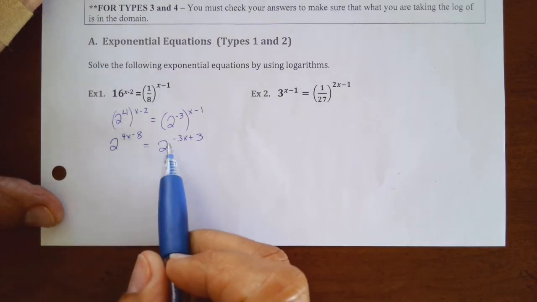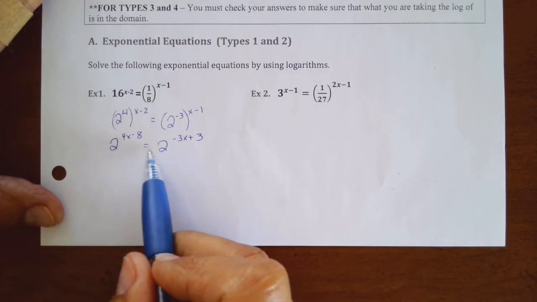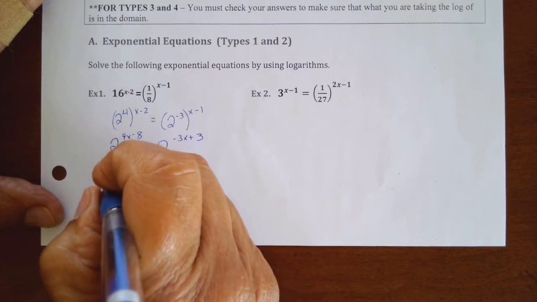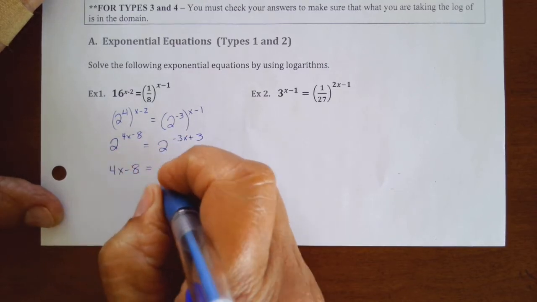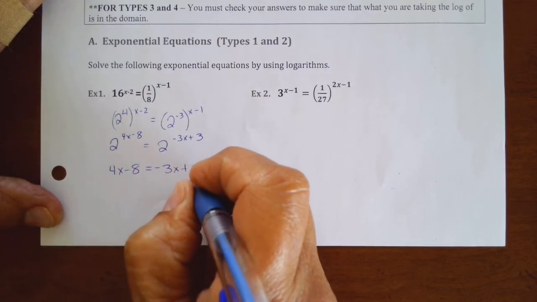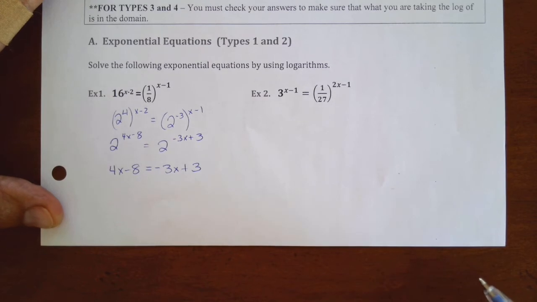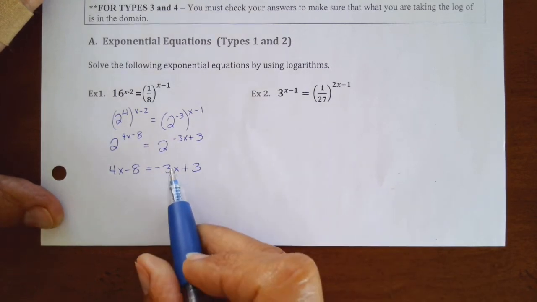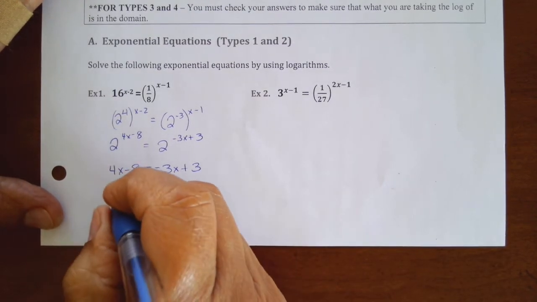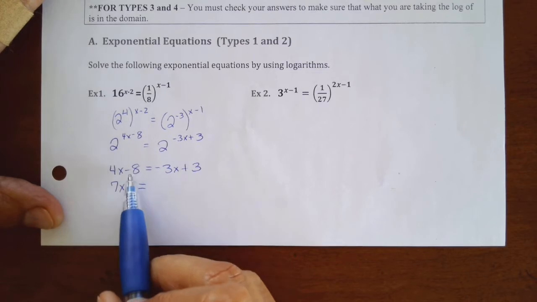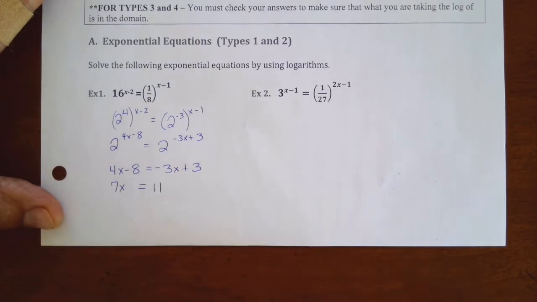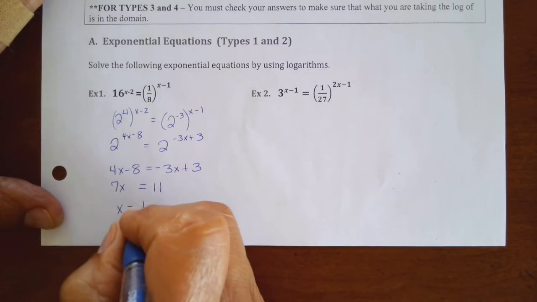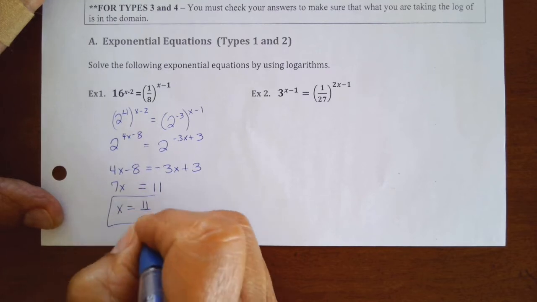Once you have everything simplified, now you can drop the bases and set the exponents equal to one another. So 4x minus 8 has to equal negative 3x plus 3. And we're just solving that. We add 3x to this side, which becomes 7x. I add the 8 to this side, 11. And I will divide, so my answer would be 11 over 7.